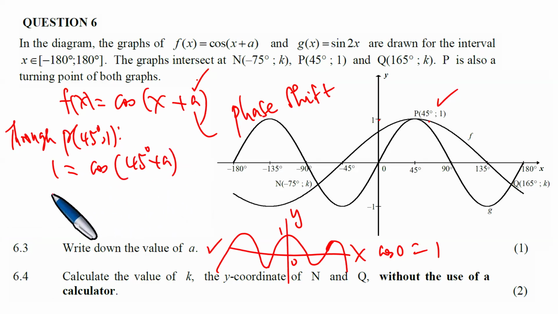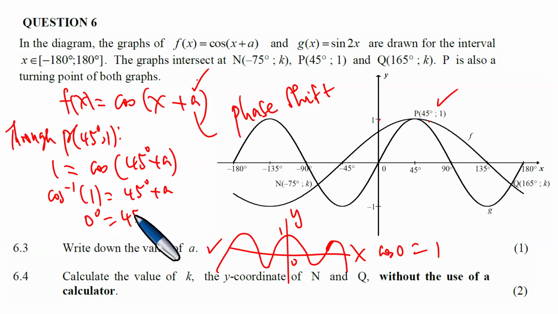Then you can solve for a, because here it is going to be arc cosine 1, which is 45 degrees plus a. Then what is arc cosine 1? It is either 0 or 360 degrees, but we choose the smallest one, 0. And therefore a is equal to minus 45 degrees.